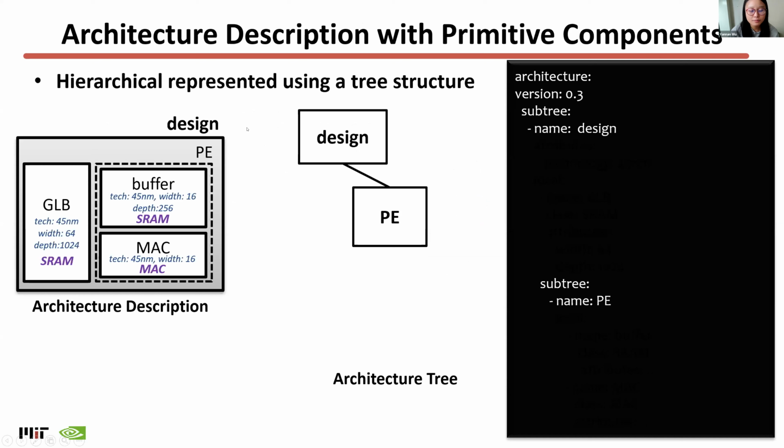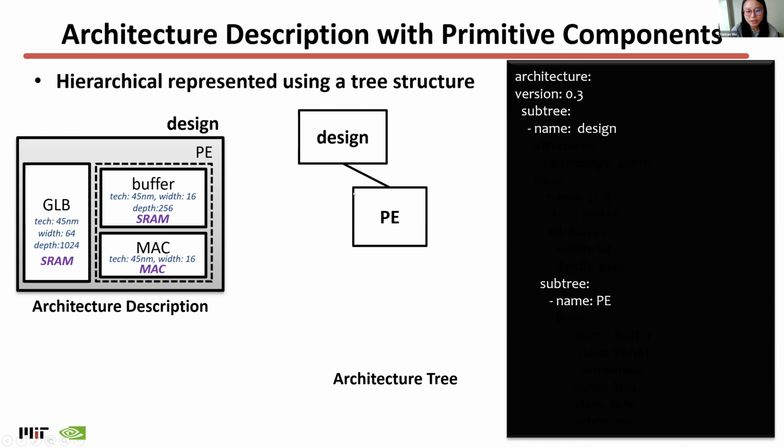First, we want to have a hierarchical representation of the architecture. On the left, I'm showing a flattened view of an architecture description. In the middle, we're actually representing the hierarchy of the architecture. And on the right, I'm showing the YAML format for reflecting such a hierarchy. So first, we have at the root level the design.